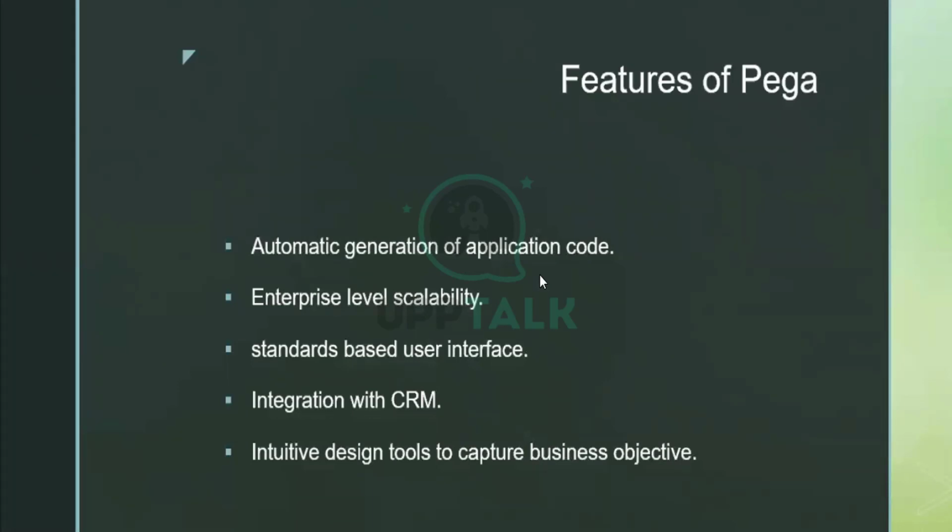Another main advantage, another feature, is standards based user interface. What standards based user interface means is, in traditional technology, when you want to design some kind of a form, for example a portal, first it will be create username and password.